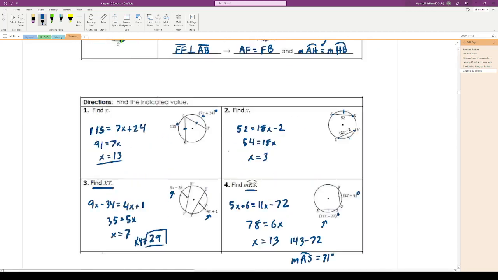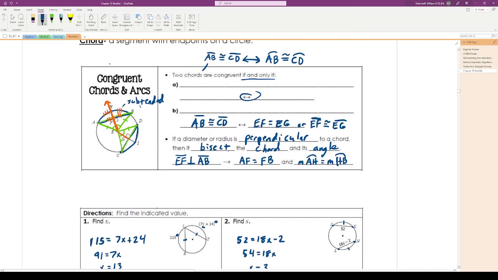Oh wait, one more thing. So if you're going to turn off the video now, I wanted to mention, you can kind of see it from what I drew here, but I want us to look in these circles for hidden shapes. So we found some hidden triangles there, but I want us to note that if you draw a perpendicular bisector through a chord, so we have this right here, another way to think of it besides the triangles is this shape, if we kind of connect our vertices, is always going to form a kite.